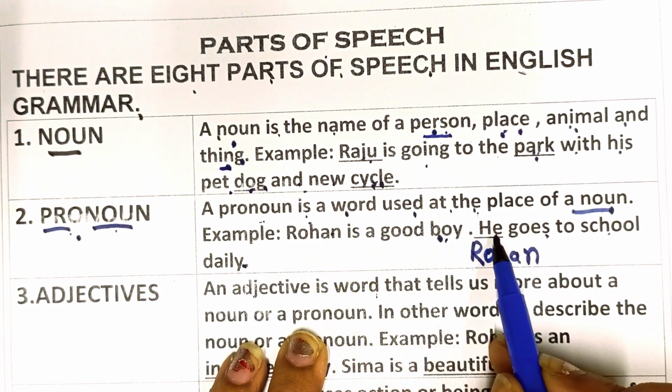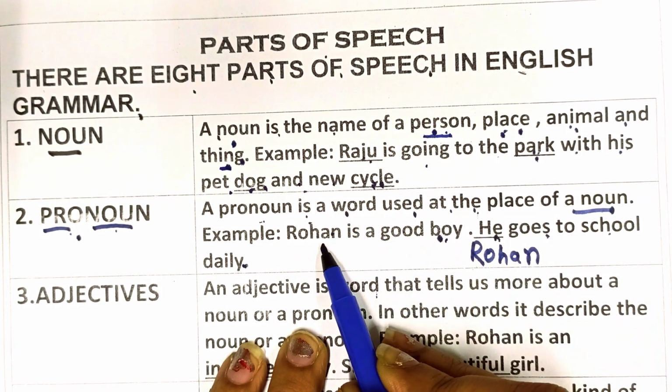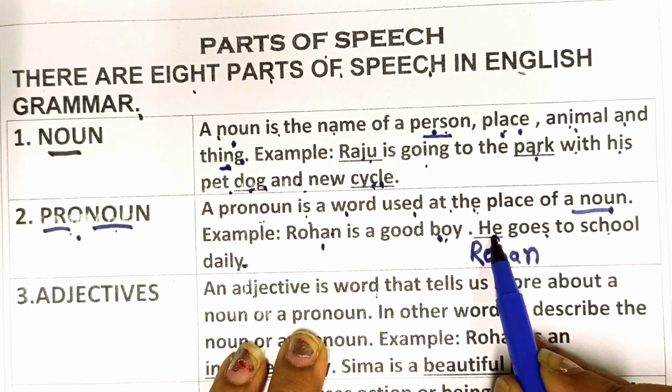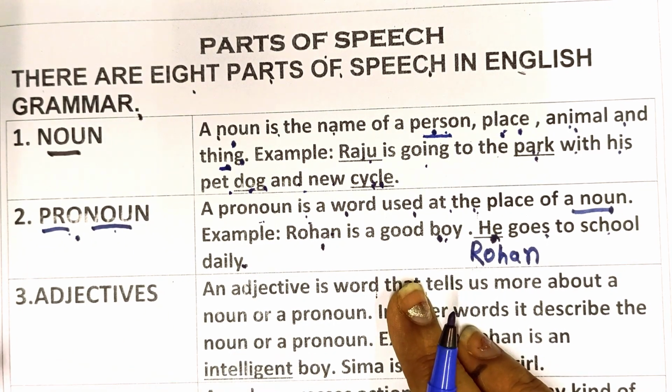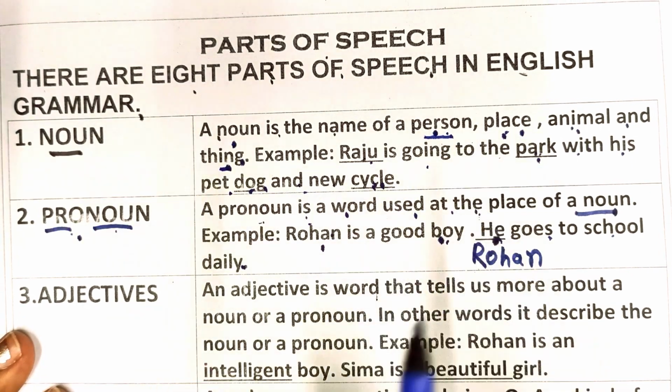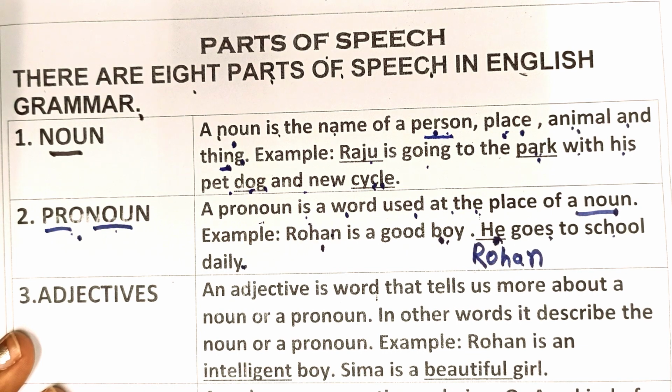And we have used he at the place of Rohan, so he is our pronoun. Clear? And pronoun helps to make our sentence look very good and suitable as well. Okay, I hope you have understood. There are so many pronouns and I will discuss this whole parts of speech separately and in detail in our next class.